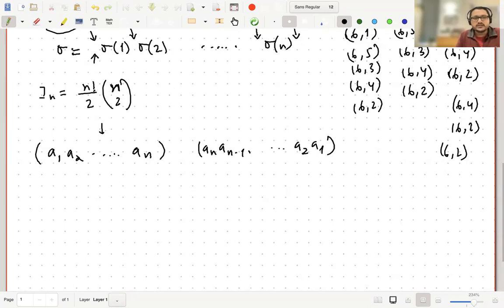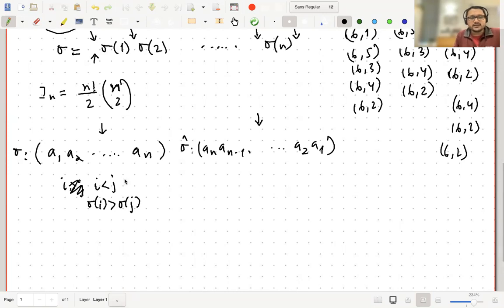Now both of these, this one and this one, are permutations. If this is sigma, then let's call the reverse sigma hat. Now any pair of numbers is inverted either in sigma or in sigma hat. Suppose I have a pair i, j satisfying this condition: i is less than j, but sigma i is greater than sigma j.